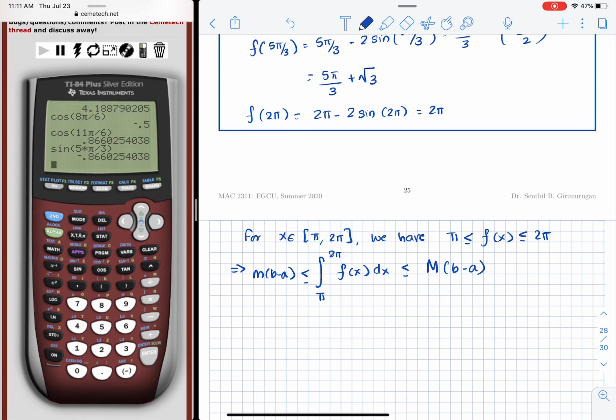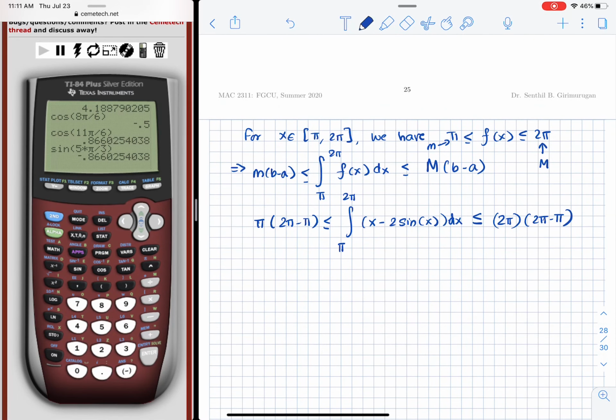Lowercase m is pi, uppercase M is 2 pi, so pi times b minus a, which is 2 pi minus pi, and 2 pi multiplied by 2 pi minus pi.